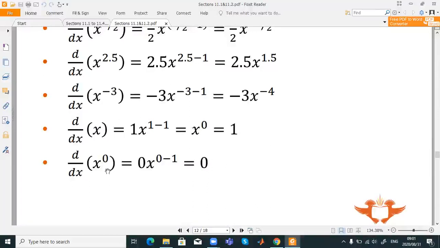Then we have the derivative of x power 0. Remember, x power 0 is raised to power 0. So if we drop 0, 0 minus 1, this gives us a negative 1. Whatever we get here is not that important because of this 0, so we will also end up with 0.